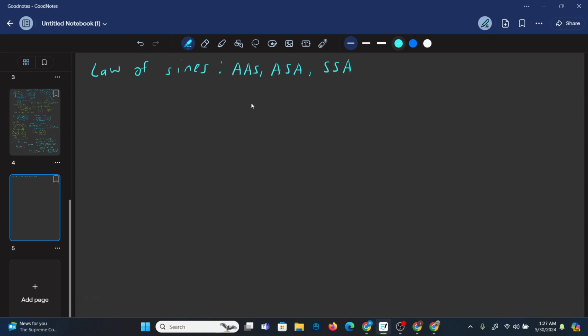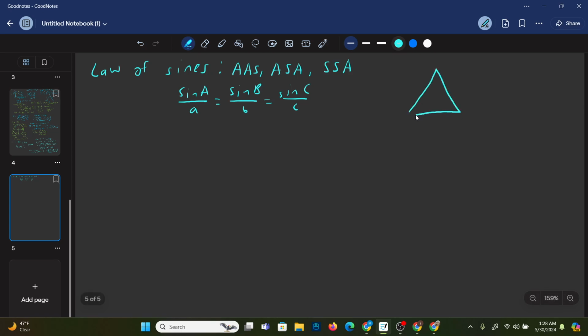And the law of sines is sine A over side little a equals sine B over side little b equals sine C over side little c.